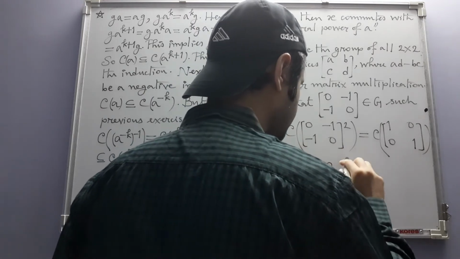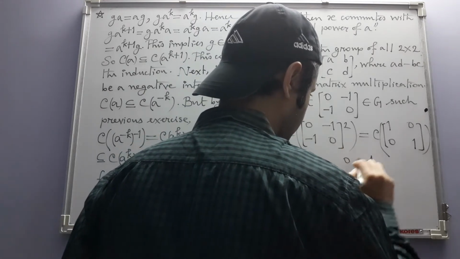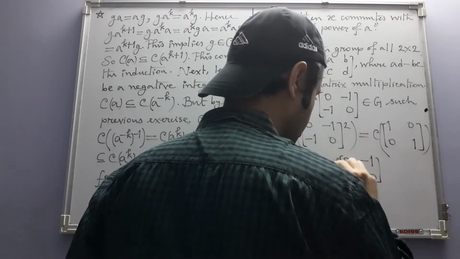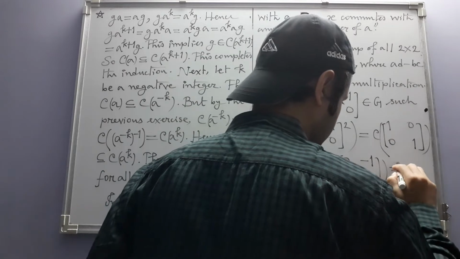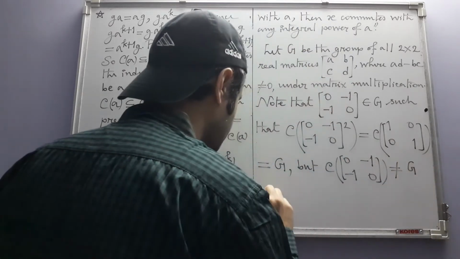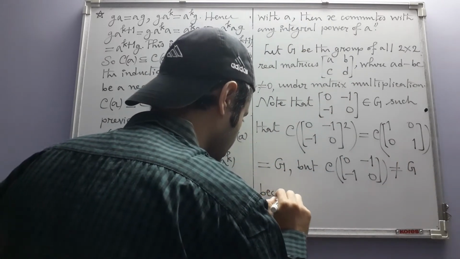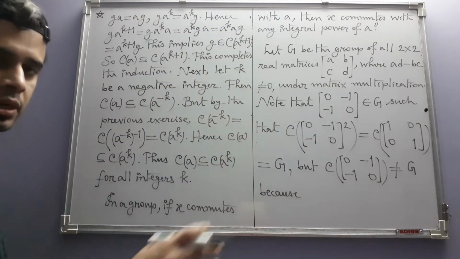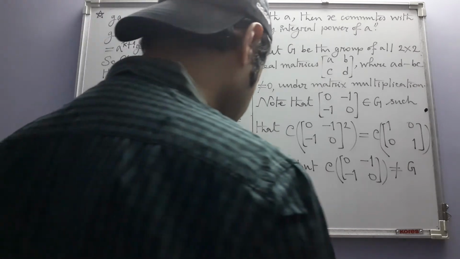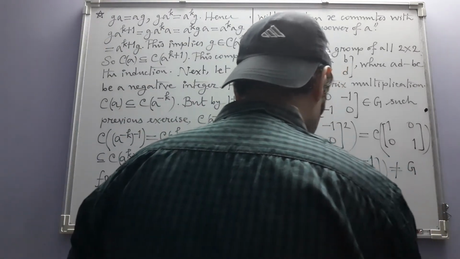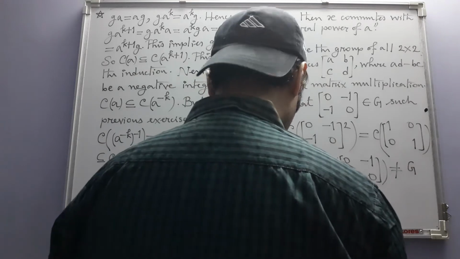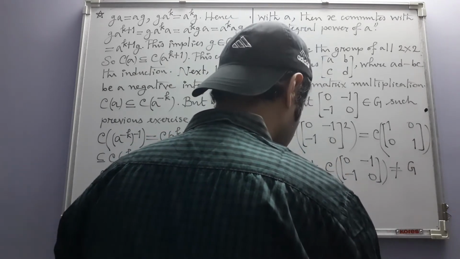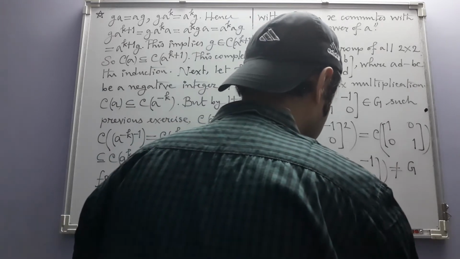But the centralizer of the element itself, the matrix itself, is not equal to G, because there are matrices that don't commute with this matrix, so it cannot be entirely G. One such matrix is this: 1 0, minus 1, 0.